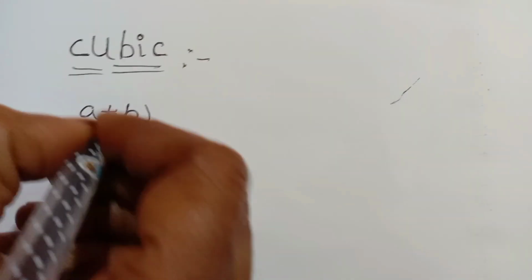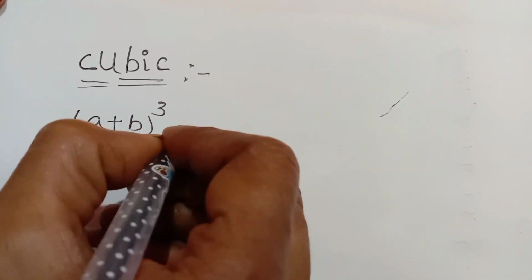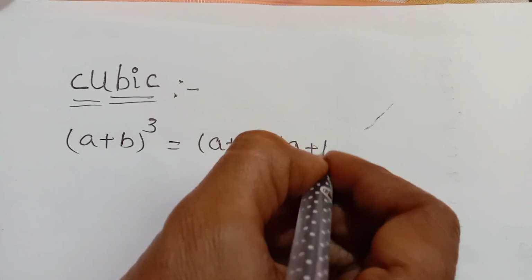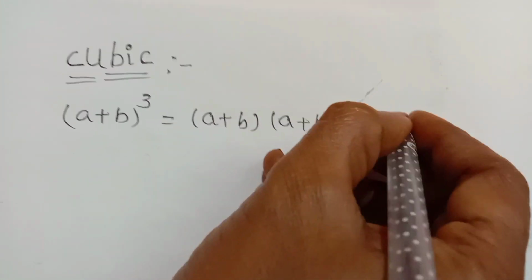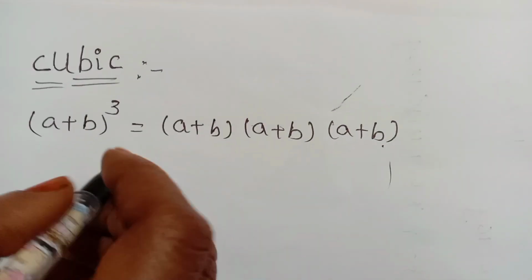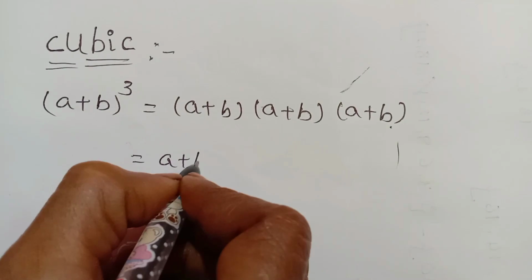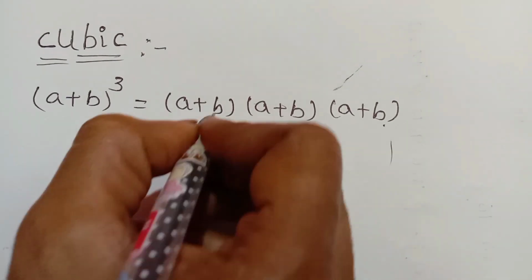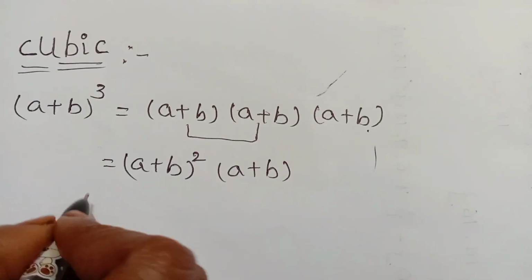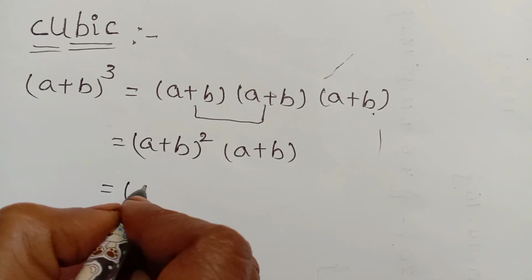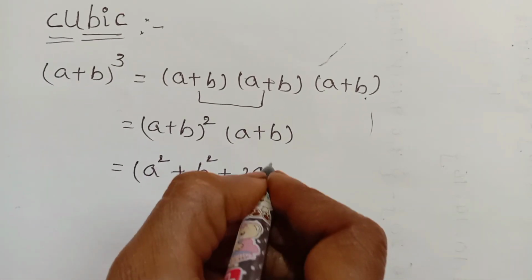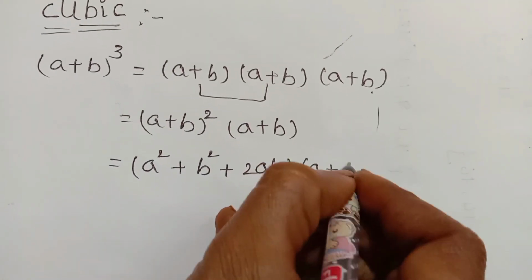Quick form of identities. A plus b whole cubed is equal to a plus b into a plus b into a plus b, 3 times of a plus b. Product of itself, a plus b whole square into a plus b. A plus b whole square formula is a square plus b square plus 2ab, into a plus b.